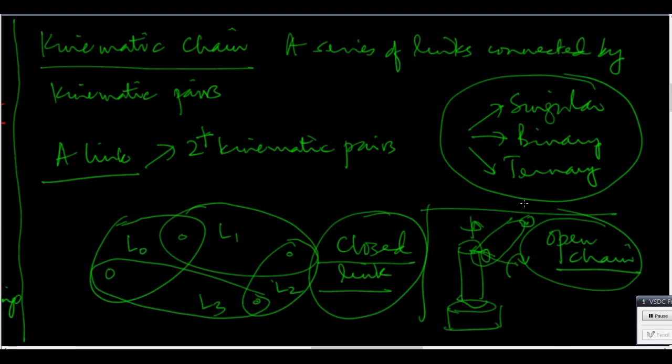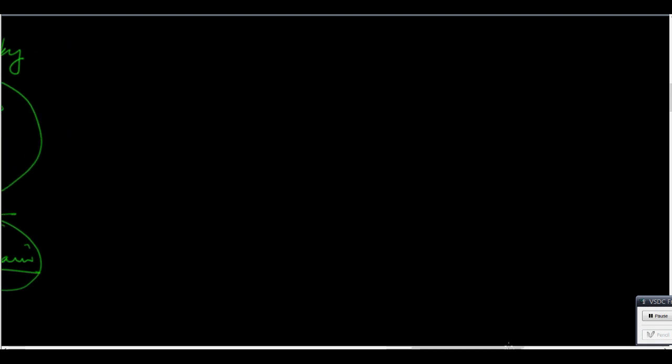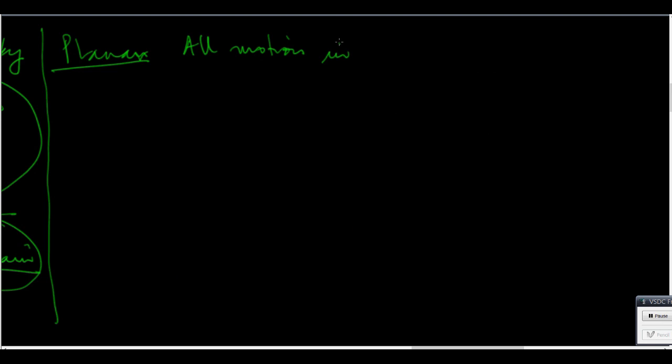Links can be planar or spatial. Sorry, not links. Mechanisms can be planar, which means all motion in parallel planes.